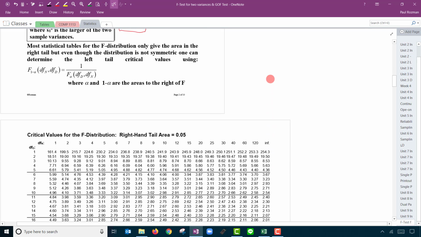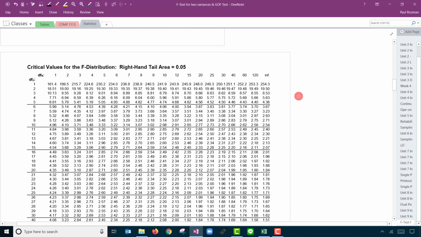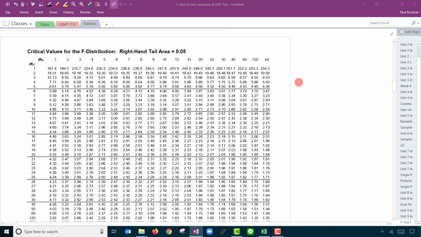I have an example of one here. Here's the F distribution table only corresponding to an area of 0.05 in the right tail. And then across the top axis, I have the degrees of freedom of the numerator, and down the vertical axis, I have the degrees of freedom of the denominator, and then these are our critical values in the table.